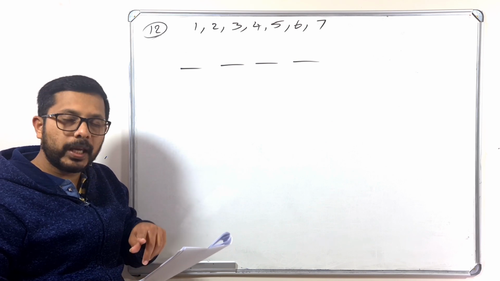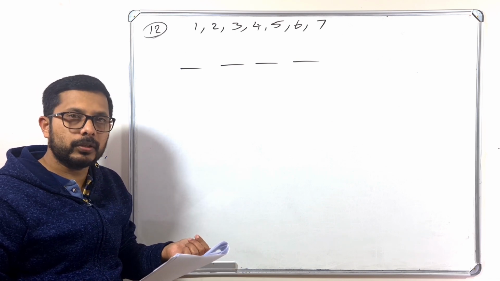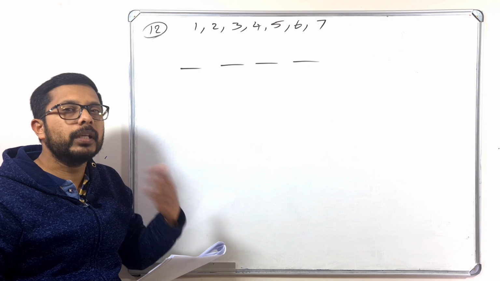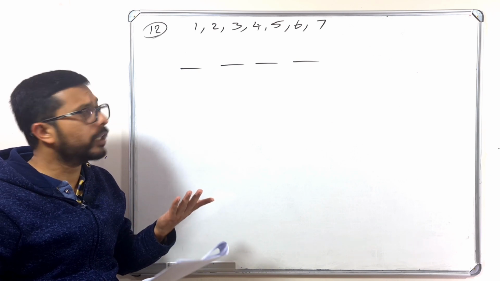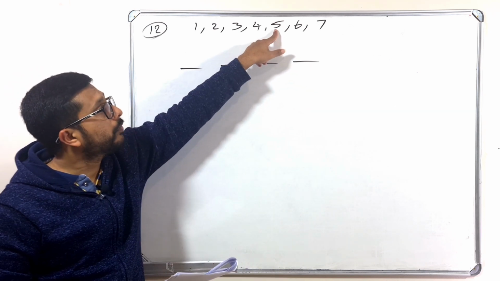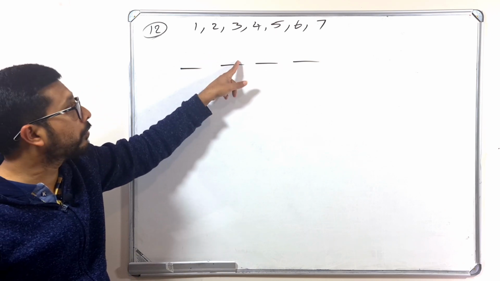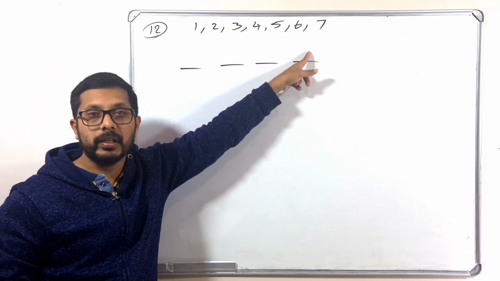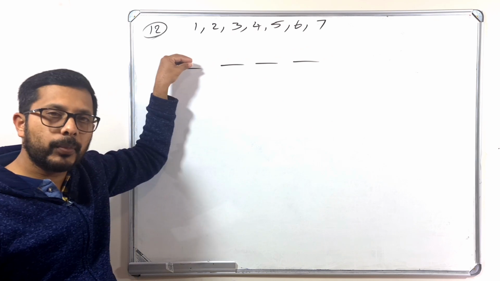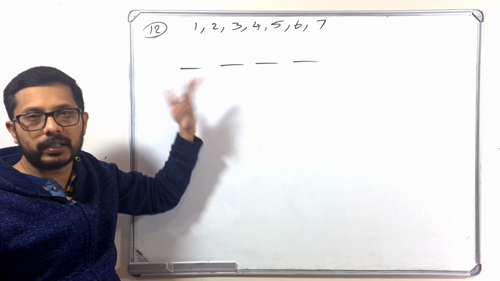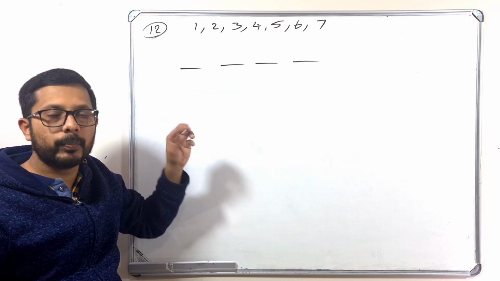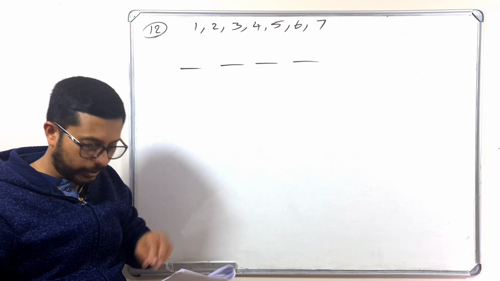If the digits may not be repeated, it is not allowed to repeat a digit. What is the meaning of that? For example, if I write 5 here, then I am not allowed to write 5 again here or here. Once I write a number, we can't write it again. That is, may not be repeated.